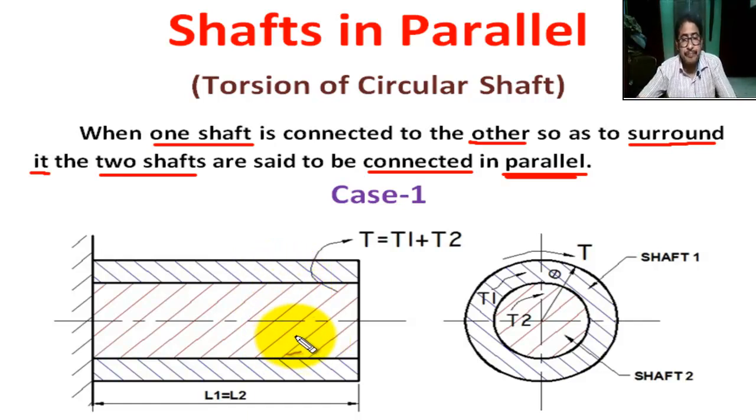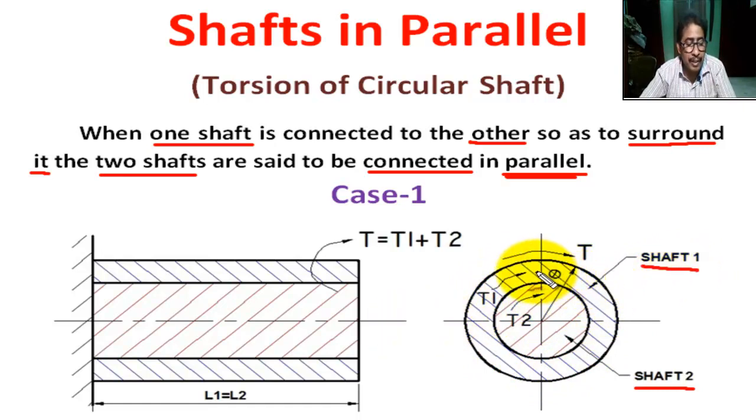Okay, this is shaft 1, this is shaft 2. Shaft 2, the inner shaft, is solid. Shaft 1, the outer shaft, is hollow.